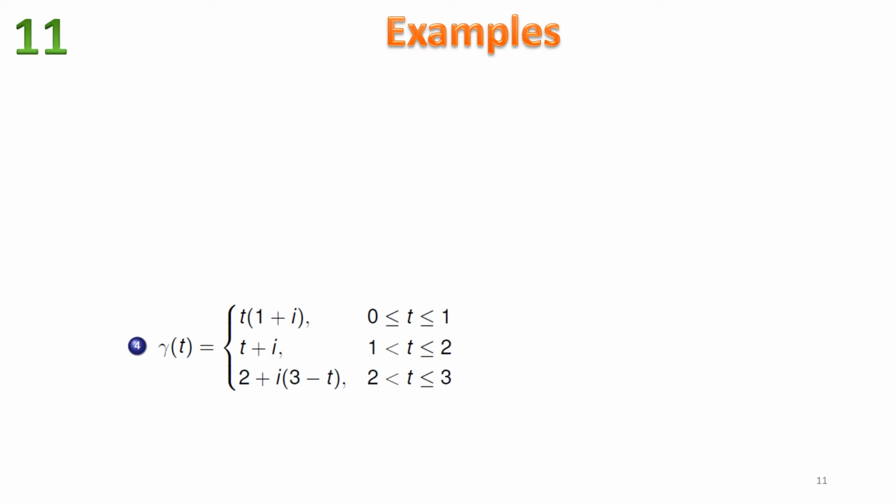Another example, gamma of t is defined in 3 regions. The first region rolls from t equal to 0 to t equal to 1. In that region, gamma of t is equal to t into bracket 1 plus i.